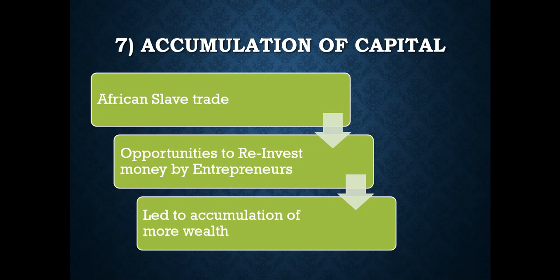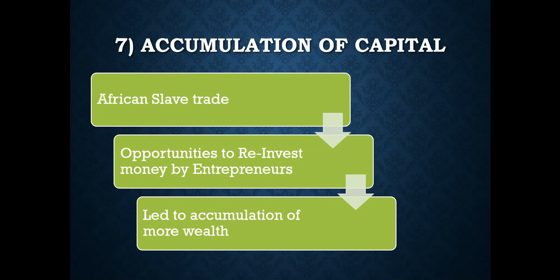Many Englishmen would grab slaves from Africa and sell them to many parts of the world, including North America, the Caribbean, and South America. So many wealthy entrepreneurs gained a lot of their wealth through a cruel method, the African slave trade.